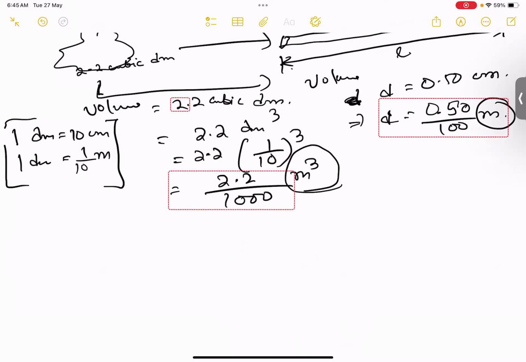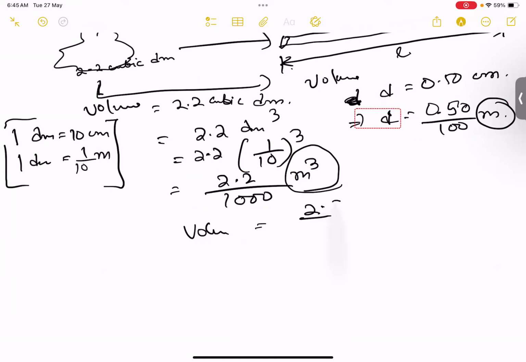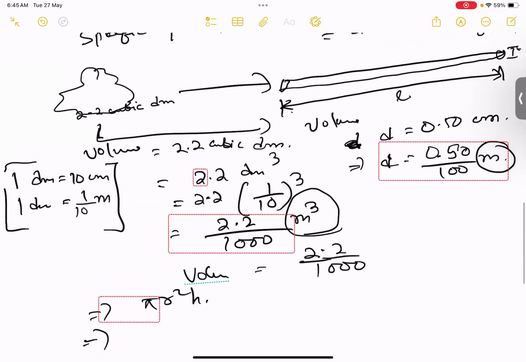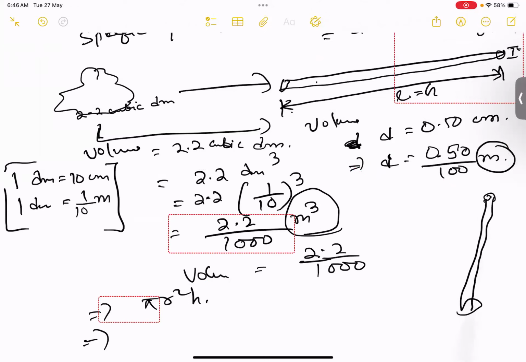Now we just have to substitute the value. Volume is equal to 2.2 by 1000. Volume is nothing but pi r square h. In this case, the length becomes the height, because this cylinder is lying down. If you put it in the standing form, it will be something like this, the same cylinder, so the length becomes the height.